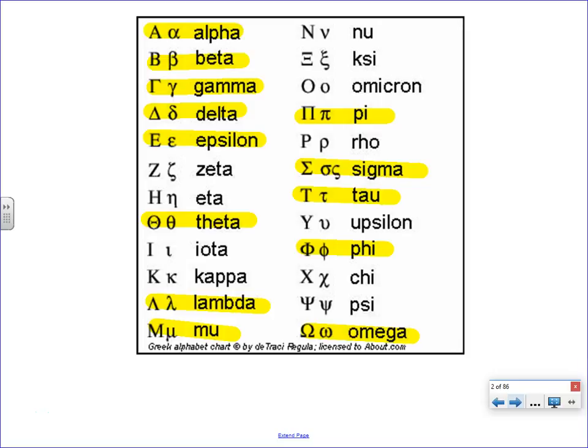Alpha and omega, beginning and the end. What? That's the Bible. So these have applications, yeah? I'm not saying only the highlighted ones do, a lot of the other ones do as well. But I just wanted to let you know that you have them.